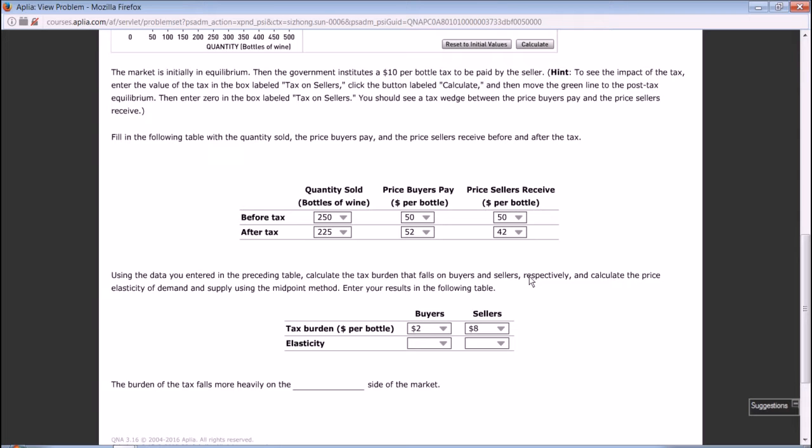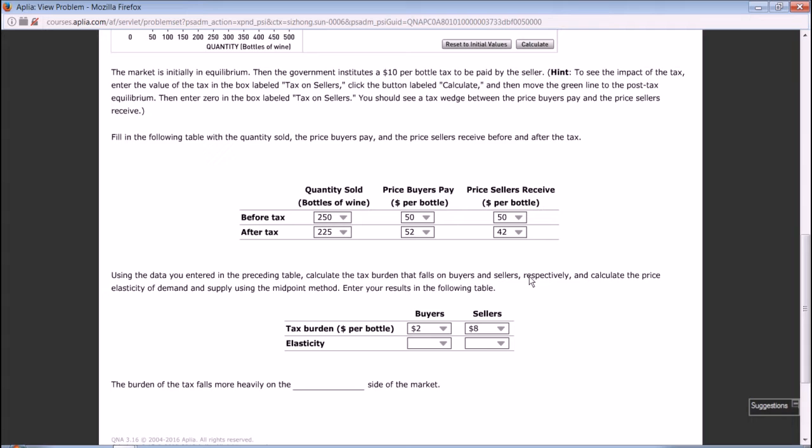So it is equal to minus 25 divided by 237.5. You can ignore the negative sign because we know it is negative.